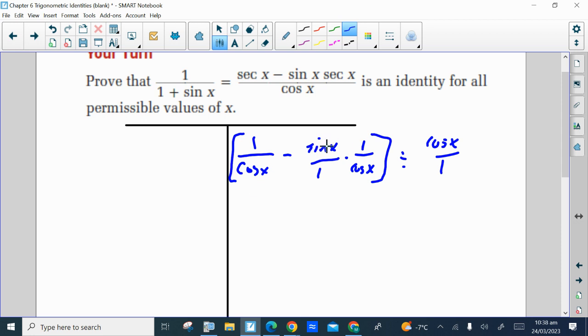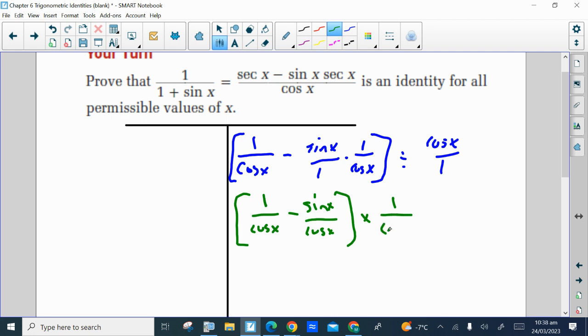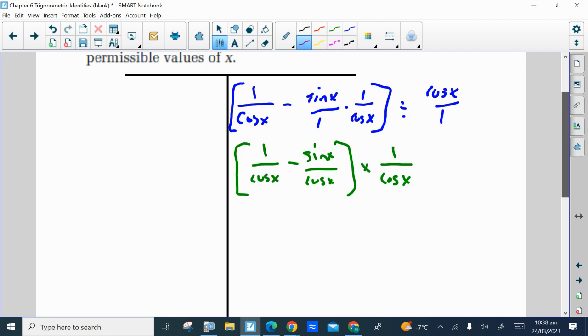So when I multiply these two together inside the square brackets, I'm going to get 1 minus cosine of x minus sine x over cos x. And instead of dividing by cos x over 1, I'll multiply by the reciprocal, which is 1 over cosine x. It just so happens that inside the square brackets, I have a common denominator already.